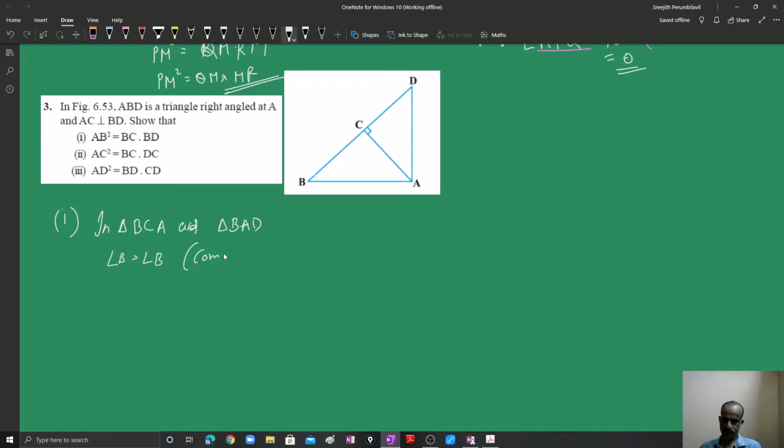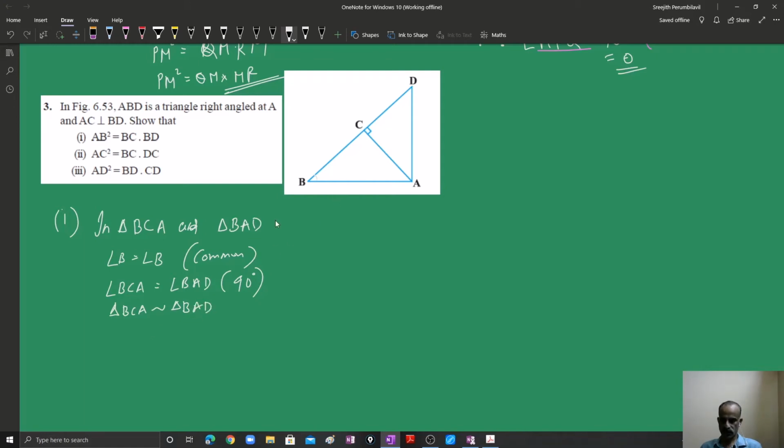Common. Angle BCA is equal to angle BAD. Do I need to write the whole thing? No. It's 90 degrees, right? Therefore, triangle BCA is similar to triangle BAD.